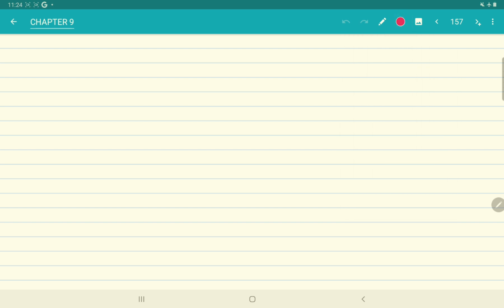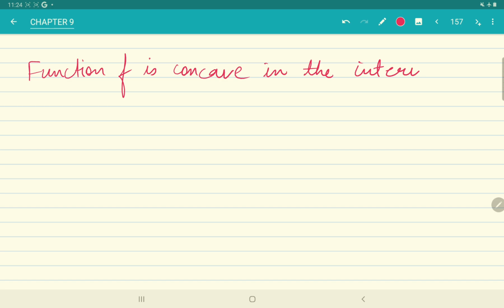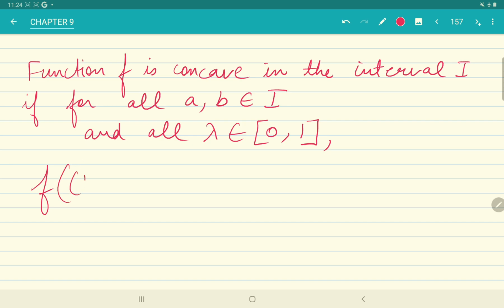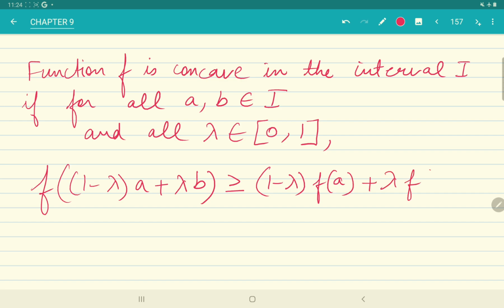So that means now I can write function f is concave in the interval I if for all a, b belonging to I and all lambda belonging to this, we have f of (1 minus lambda) a plus lambda b greater than or equal to (1 minus lambda) f of a plus lambda f of b. Now this is when our function f is concave.